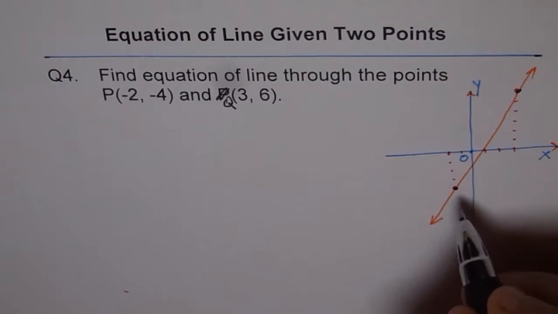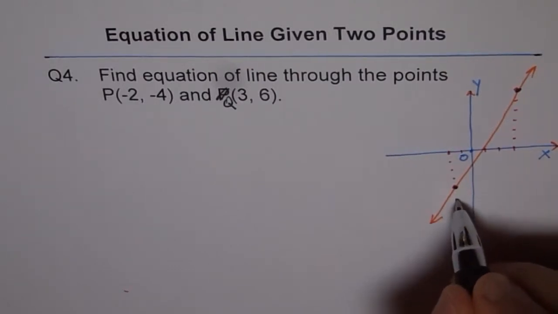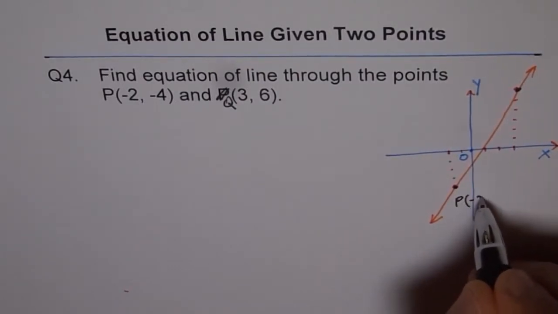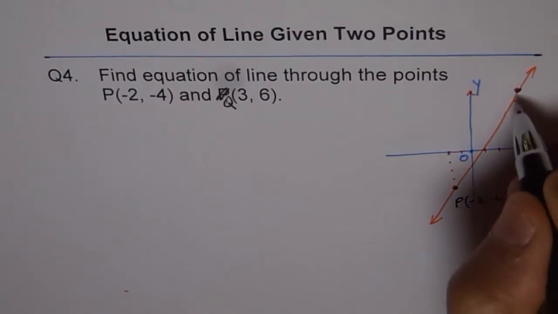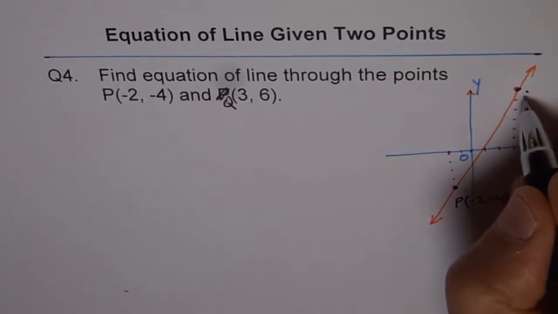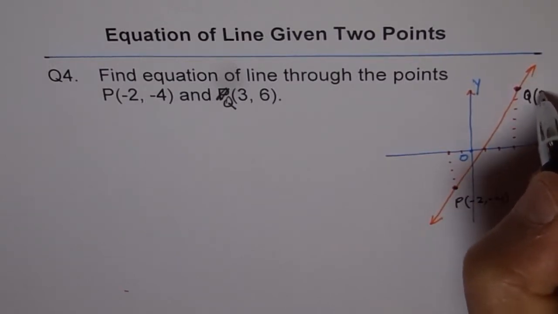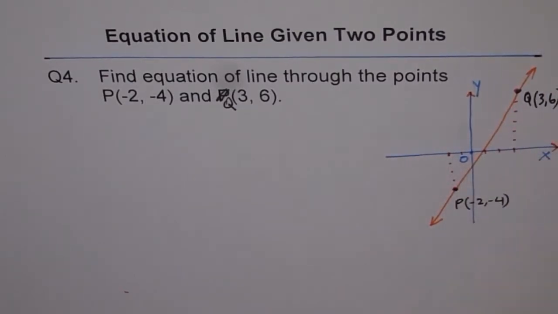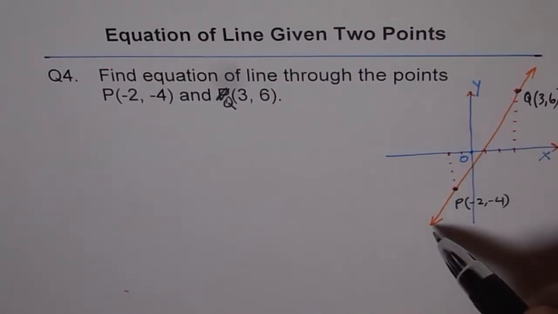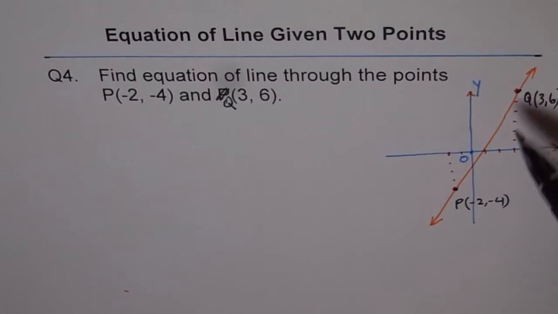Okay, that's good. So this is P, which is (-2, -4), and this is Q. Let me write Q as (3, 6). I squeezed it in.